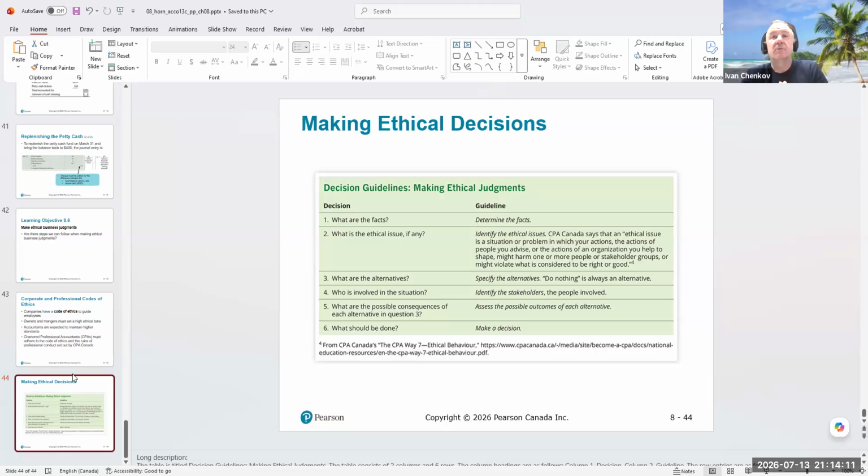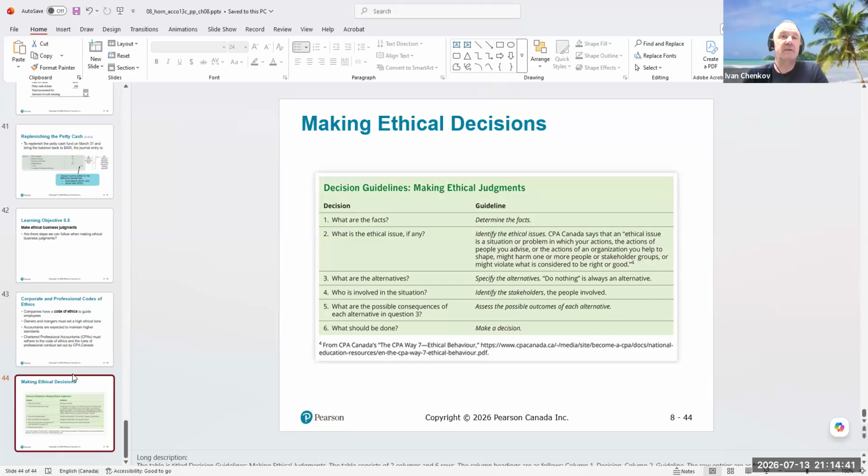We have to assess the situation, determine the facts, identify the alternatives, identify which parties are involved in every single situation, provide different outcomes for each of the parties involved in the conflict, and then make a decision.